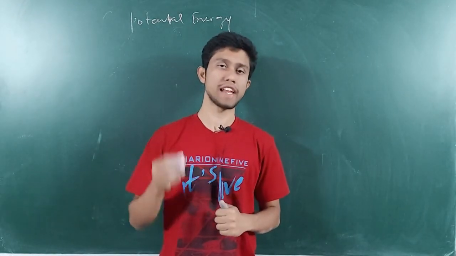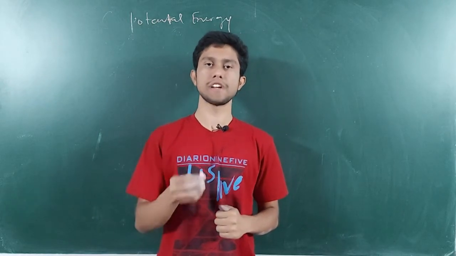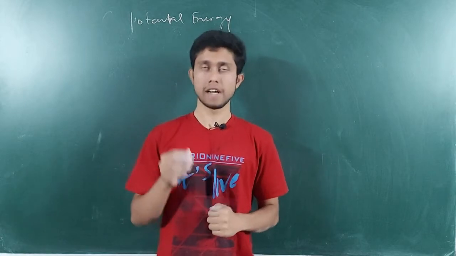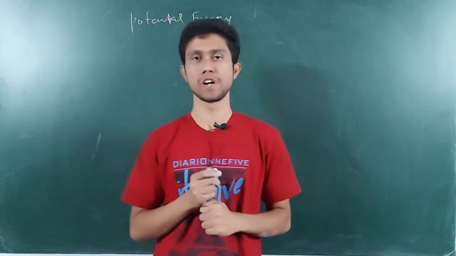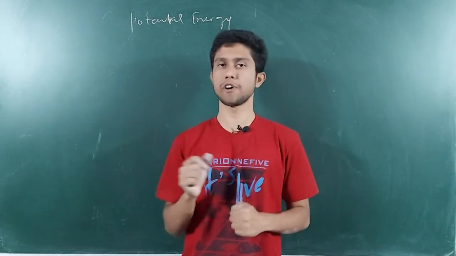But in the case of potential energy, the definition changes. What is the definition of potential energy? Potential energy is defined as the internal capacity of the body to do work by virtue of its position. So this position is now a very important term.